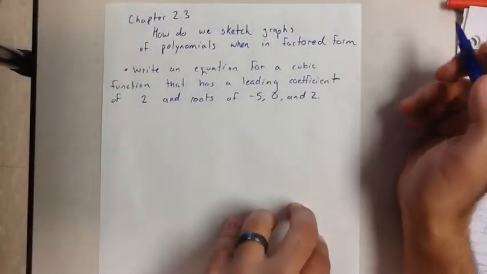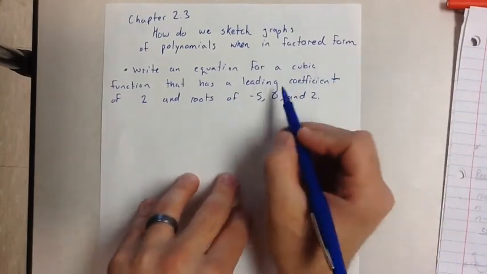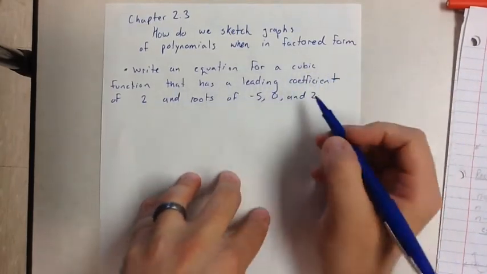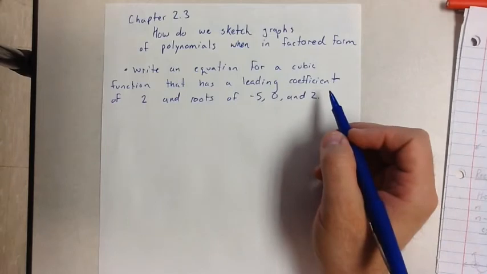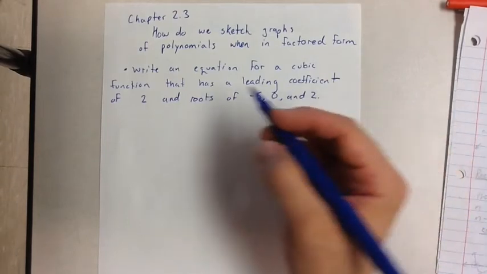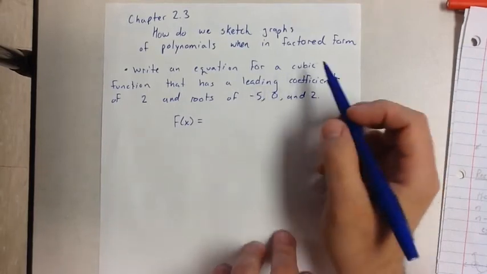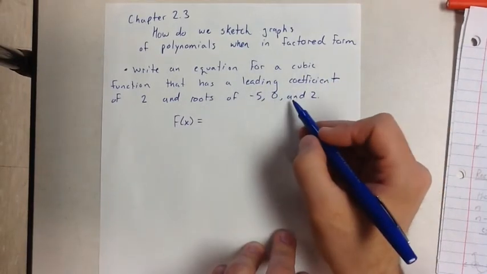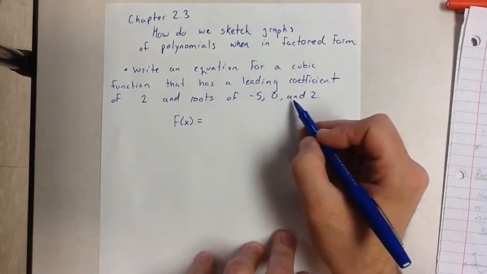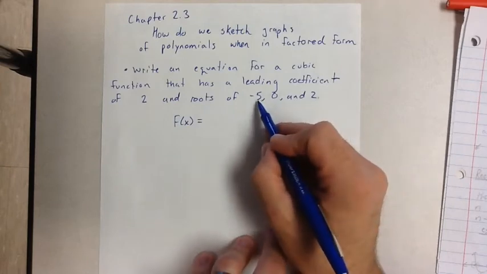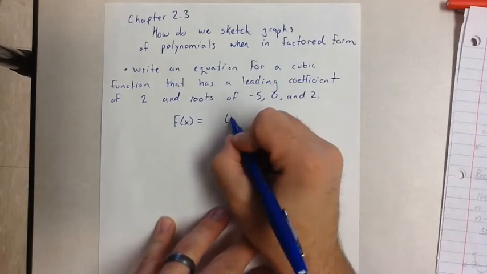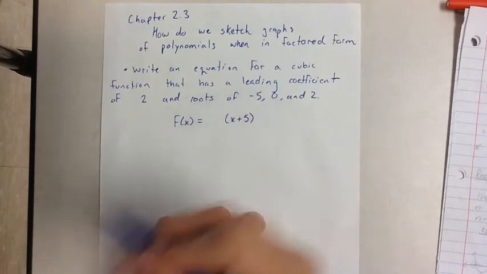So we look at this situation. We know that we have a leading coefficient of 2, and we have roots of -5, 0, and 2. So we have this function, f of x. And if you recall, how we get these roots are from factors. So if I have a root of -5, the factor would have been x plus 5.